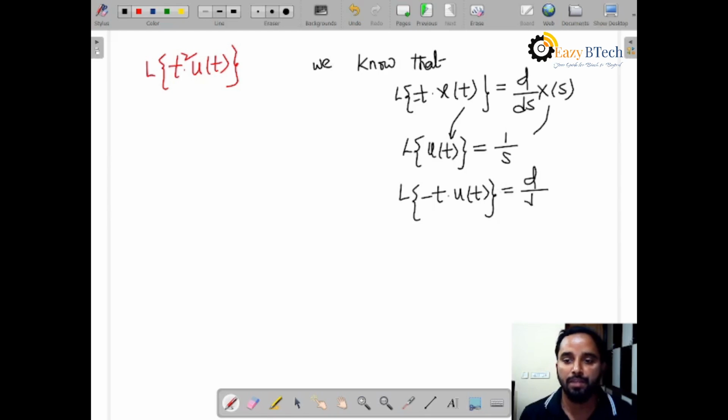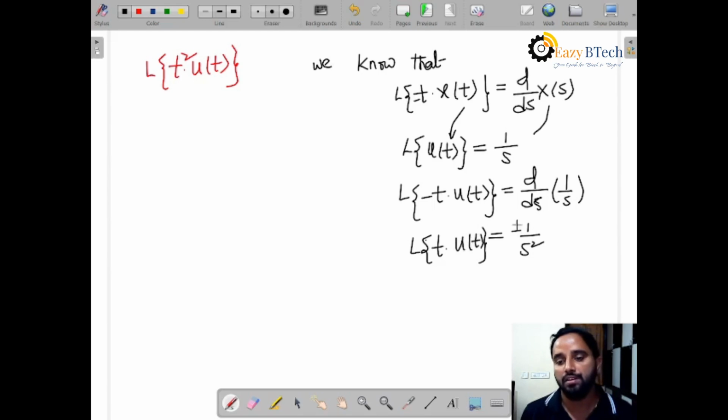So then d by ds of 1 by s. So it is like d by dx of 1 by x, which is minus 1 by s square. So both sides we can cancel minus. So t u of t Laplace transform is 1 by s square. Right? 1 by s square.